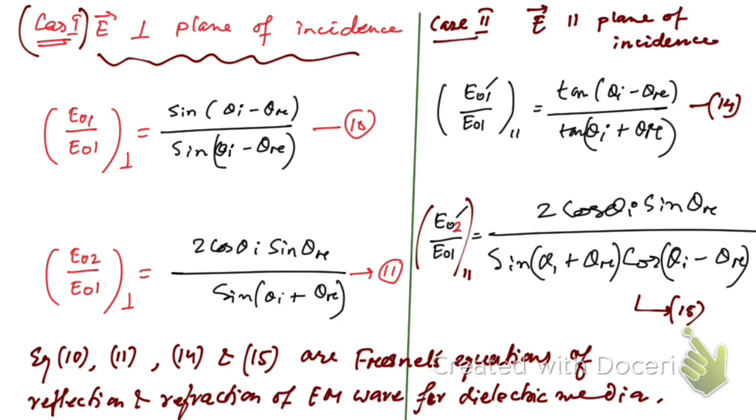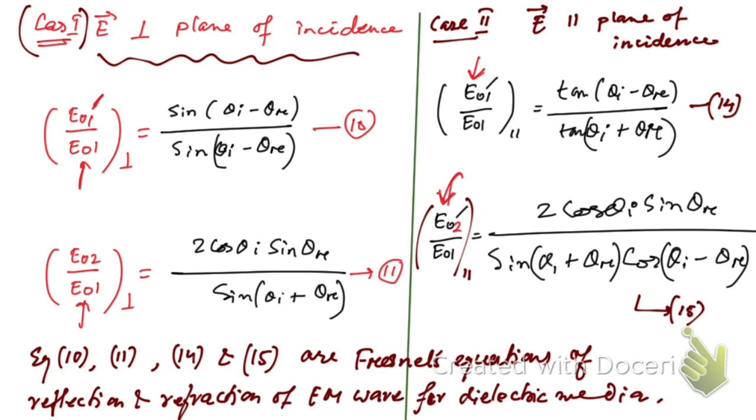This is the amplitude of the refracted and this is the incident wave, and this is the reflected wave and amplitude of incident. Here also, similarly, this is the amplitude of the reflected wave, and here it's supposed to be E01 dash. Similarly, this is the amplitude of the refracted, that means the transmitted wave.